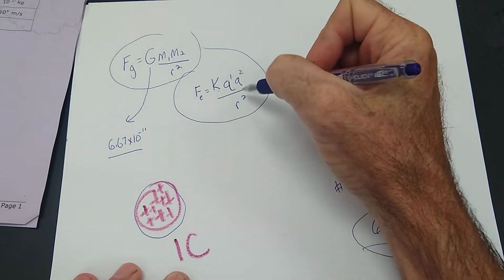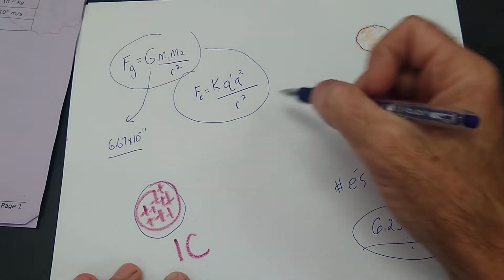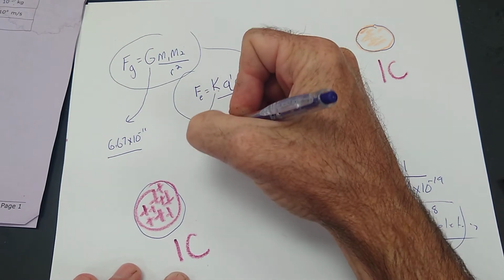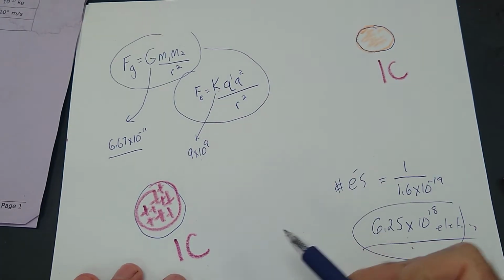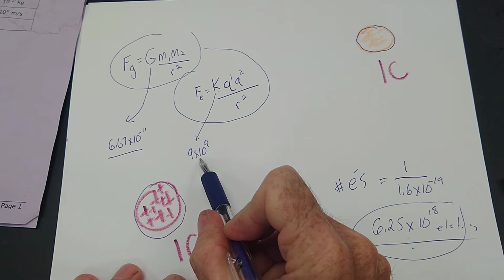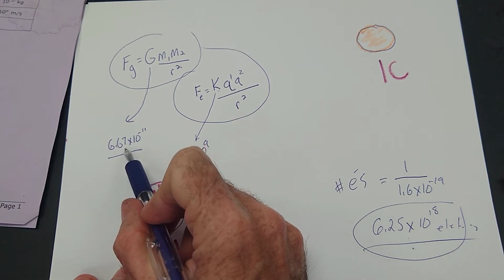The K in the electrical equation is 9 times 10 to the 9th. That shows you how many times stronger electrical attraction is than gravity.